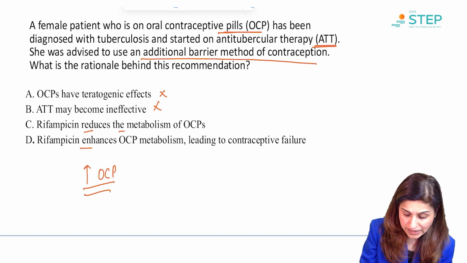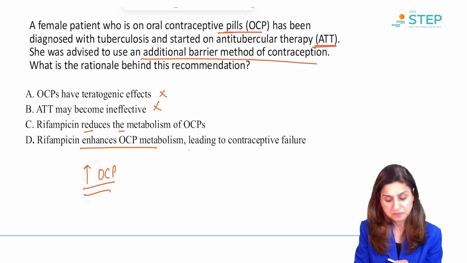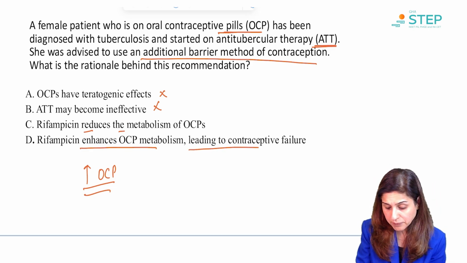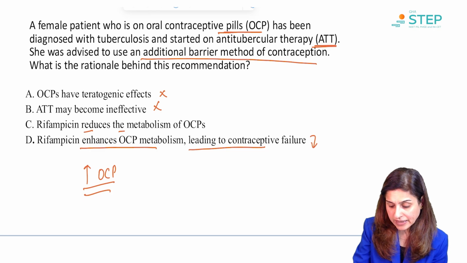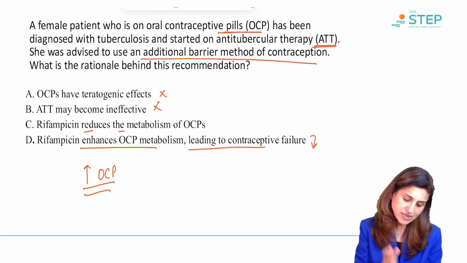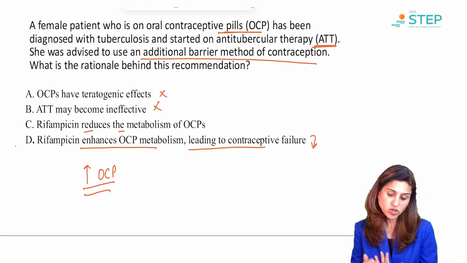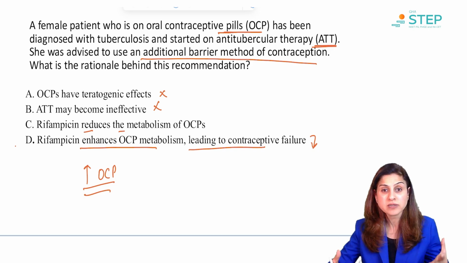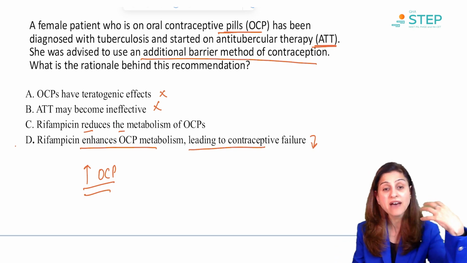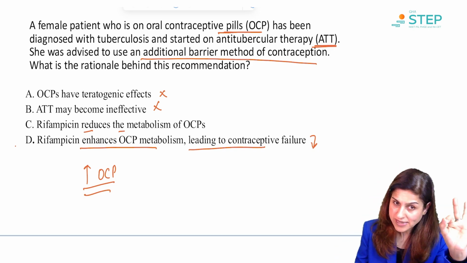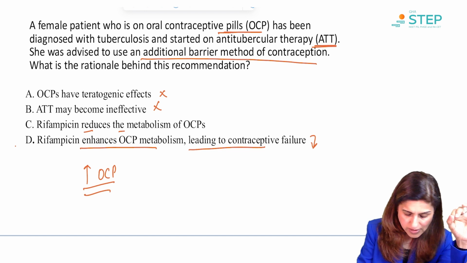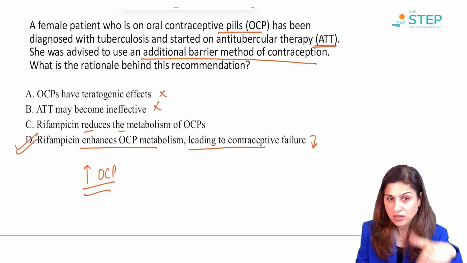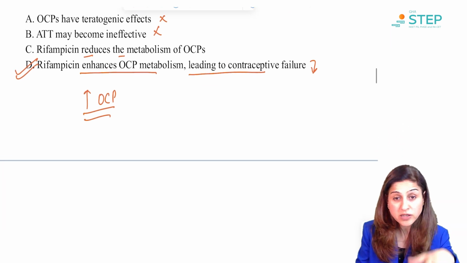While rifampicin enhances OCP metabolism, leading to contraceptive failure, this makes sense. That's why the doctor is advising the patient to have an additional method of contraception. So this is the correct answer here, and let's deep dive further into it.